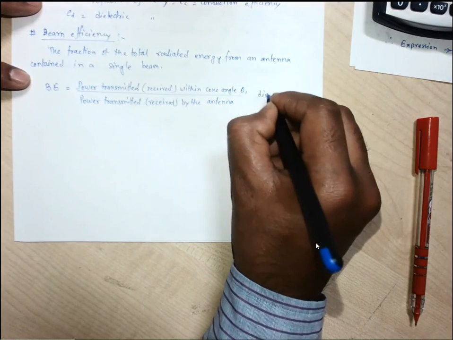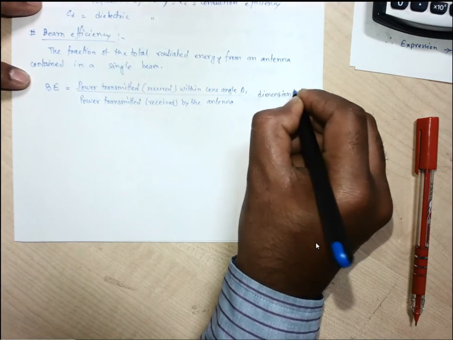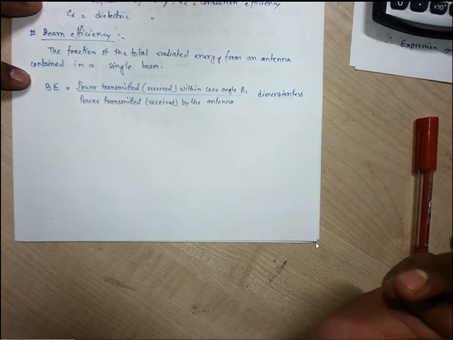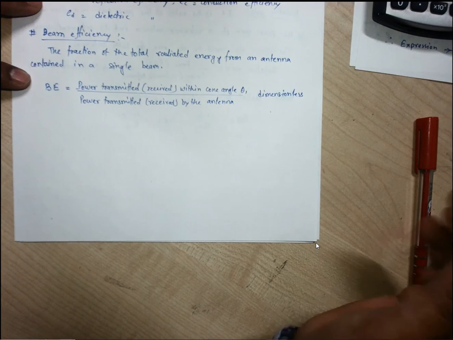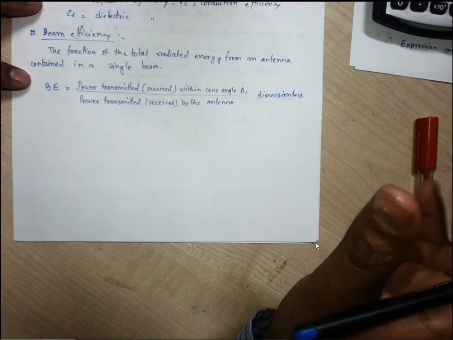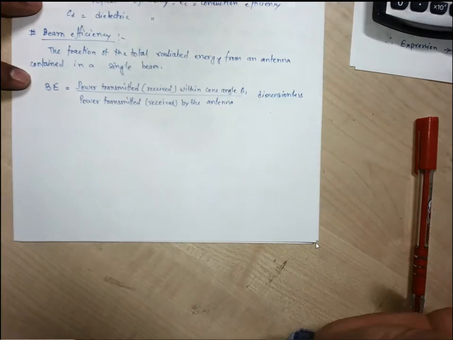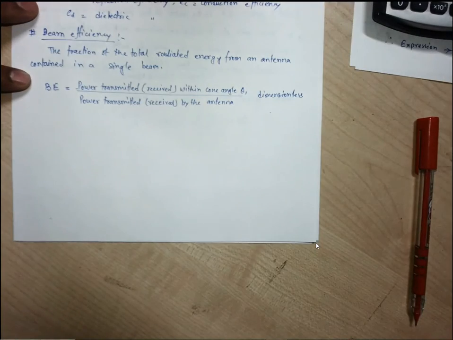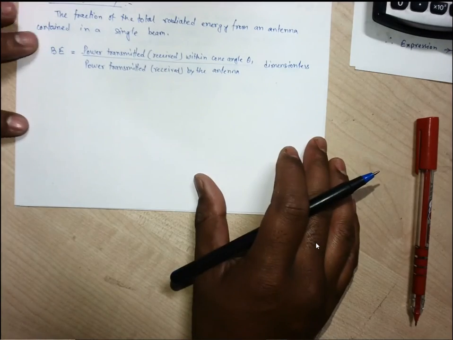It is also dimensionless. The beam may have the shape of a cone, so it is called the cone angle. For a particular cone angle theta 1, ideally for the major lobe, how much power is contained within the lobe out of the total radiated power in every direction? That is known as the beam efficiency.